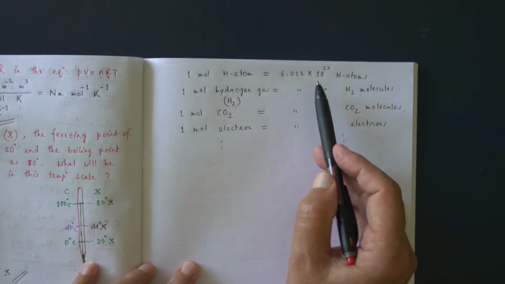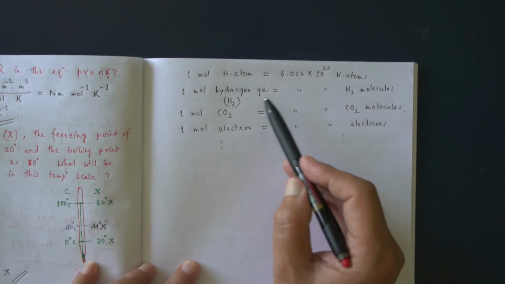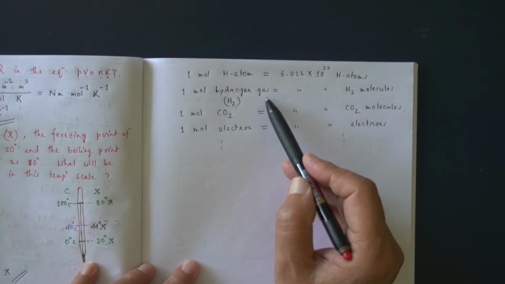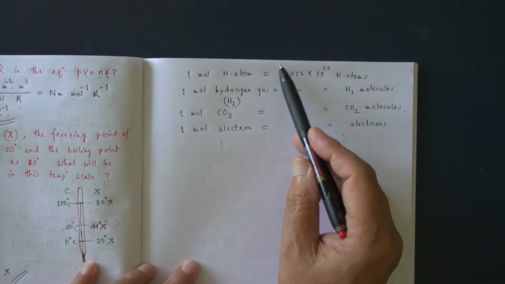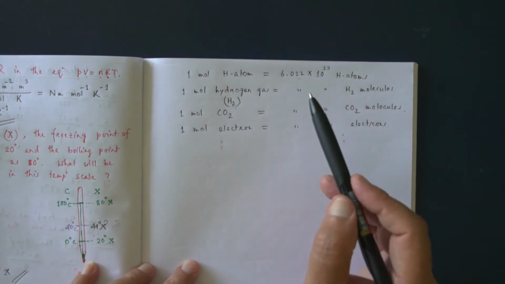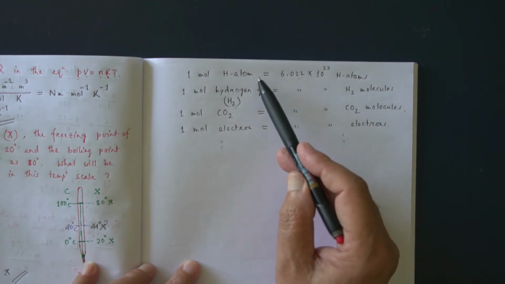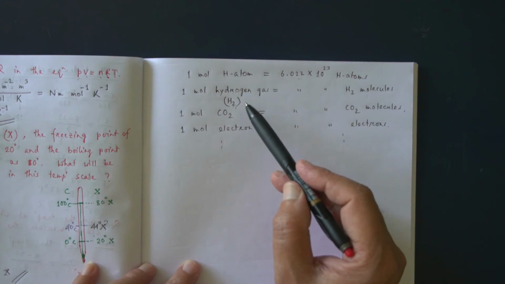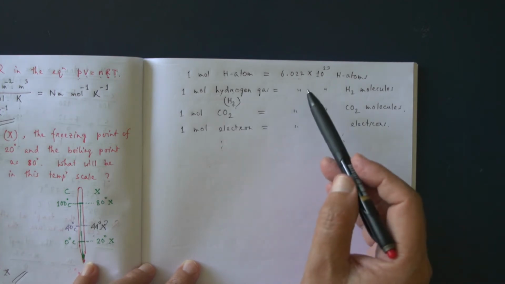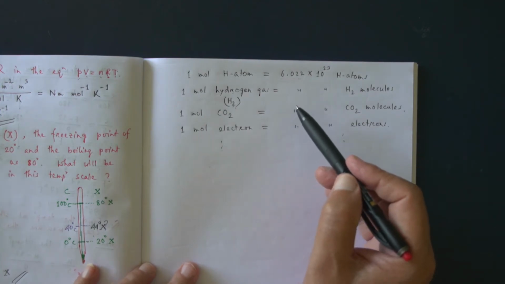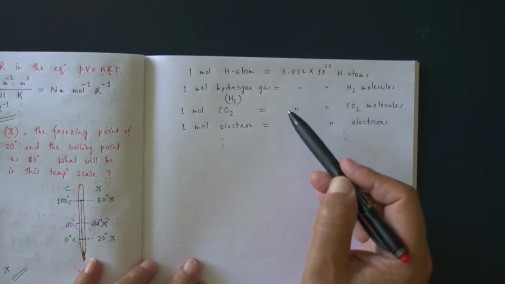If you take only 2 gram hydrogen gas, there will be this much number of hydrogen molecules. So in the case of atoms and molecules we get 1 mole, but for boys, girls, etcetera, we do not get 1 mole.